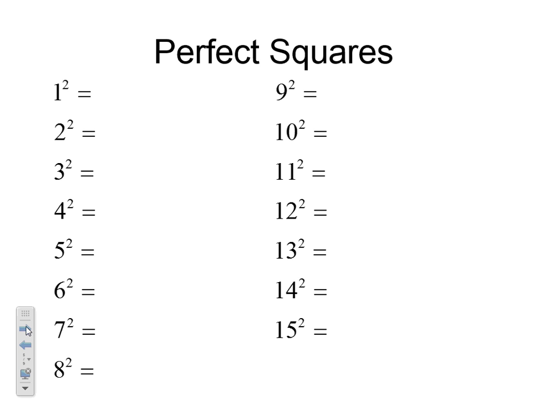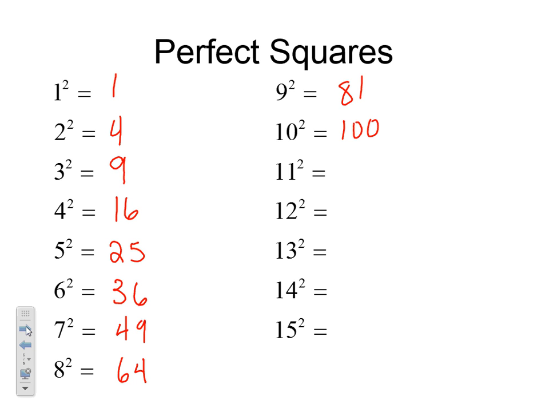Those are the most ones that we're going to use for the most part. 1 squared, we're going to get 1. 2 squared is 4. 3 squared is 9. 4 squared is 16. 5 squared is 25. 6 squared is 36. 7 squared is 49. 8 squared is 64. 9 squared is 81. 10 squared is 100. 11 squared is 121. 12 squared is 144. 13 squared is 169. 14 squared is 196. And 15 squared is 225.